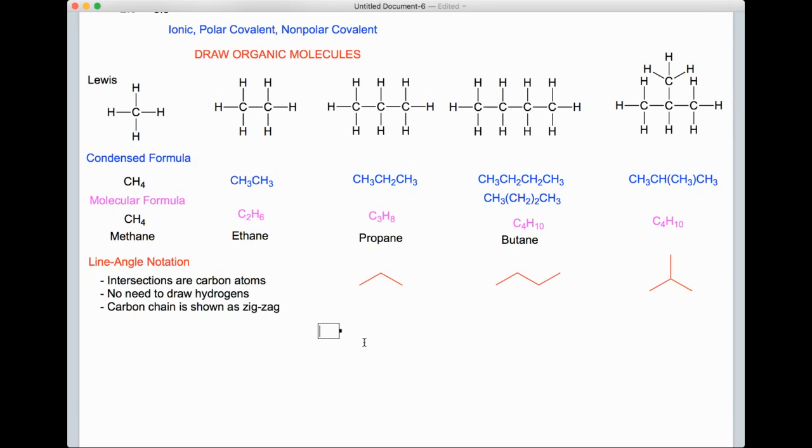And we don't need to draw hydrogens. And then we know that every intersection of these two lines is a carbon, and the ending of the lines are also carbons. That's the line and angle notation. Okay. Any questions?